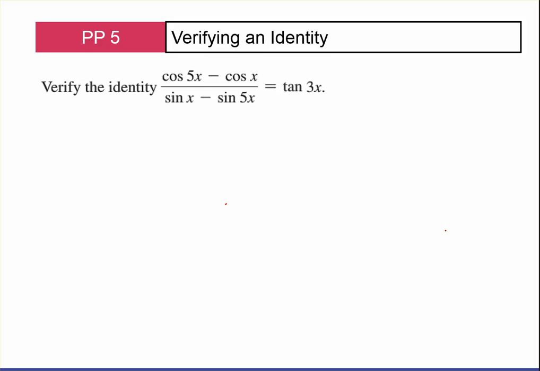Can you use your sum-to-product rules for cosine of 5x minus cosine of x, and sine of x minus sine of 5x?